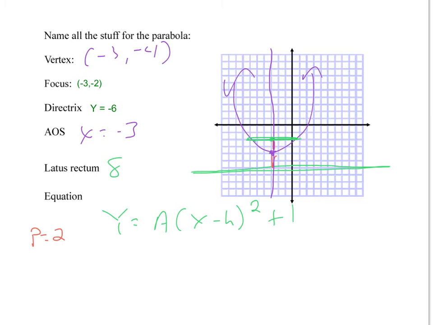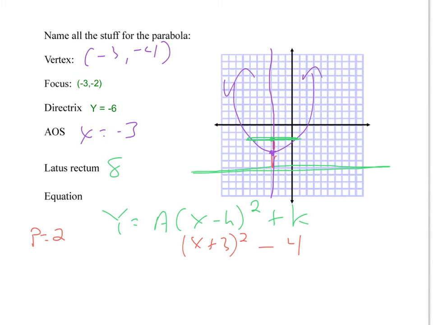And now my equation I know is going to be y equals a times (x minus h) squared plus k, because it's a vertical parabola, an up-down parabola. I can now put in my h. My h, of course, is -3, so I'm going to put in x plus 3 right here. My k is -4, so that's minus 4. And now I just need to figure out my a.